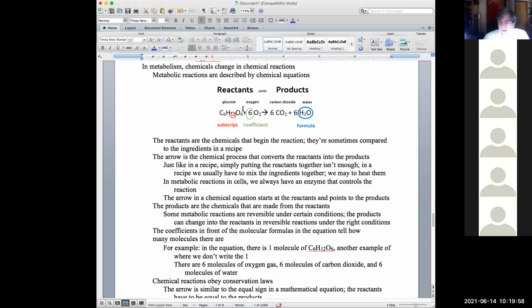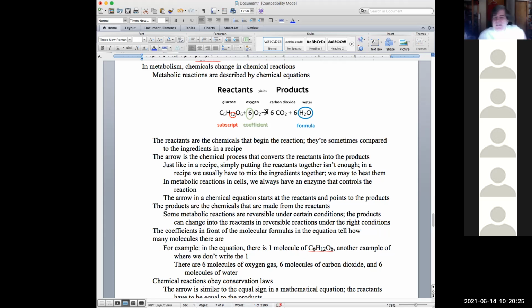If you're baking, your ingredients might be sugar, flour, vanilla, eggs. Your products is what you're going to make. So this is your cake or your cupcakes or your pancakes or whatever you're making. Now, we're going to come back to all these numbers in just a moment, but for now, let's think about this equal sign, this arrow.